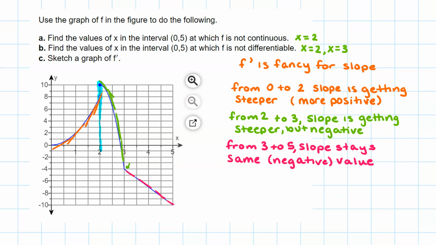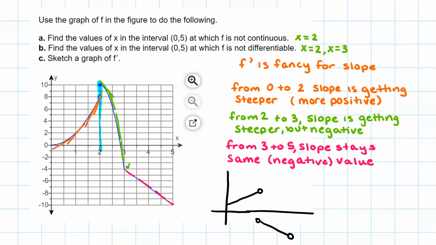So generally, I would say my slope is getting steeper, right? But we're going to use opens here because we're not including the edge. And then steeper but negative, so negative.